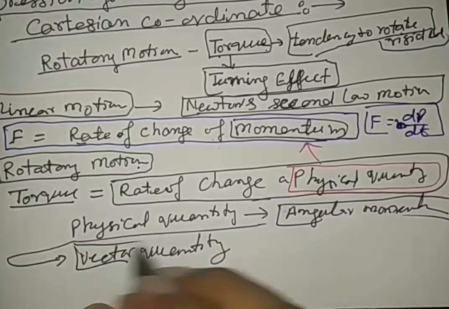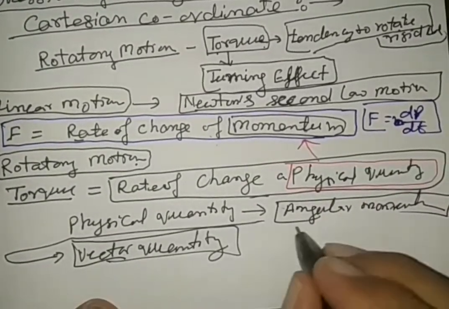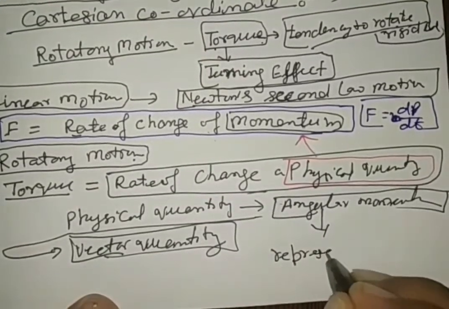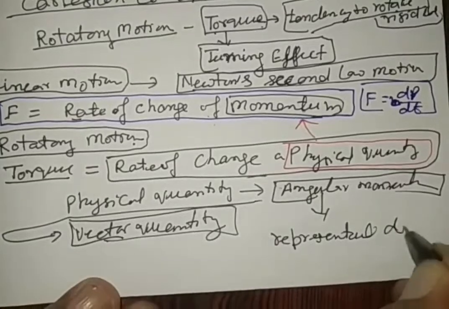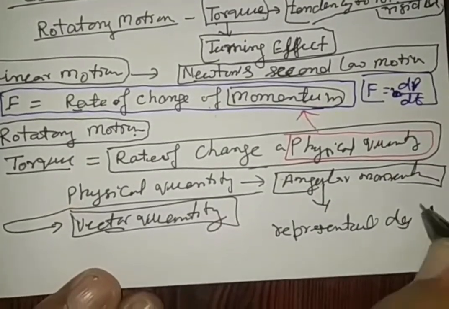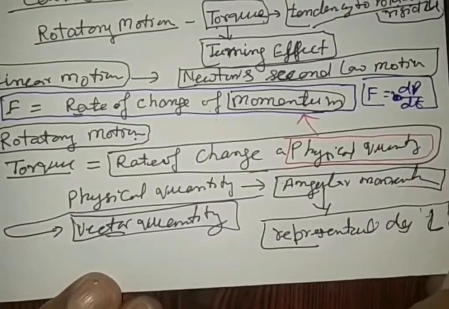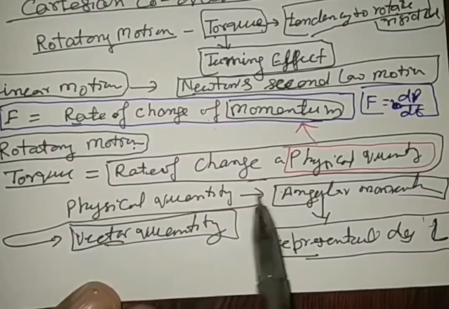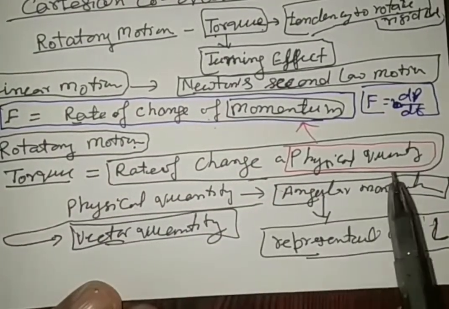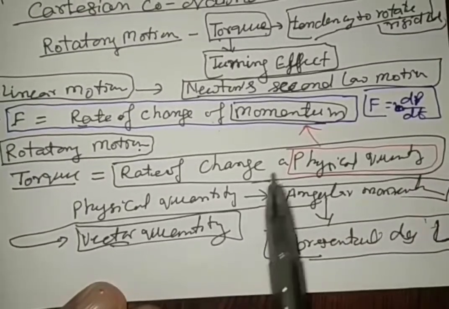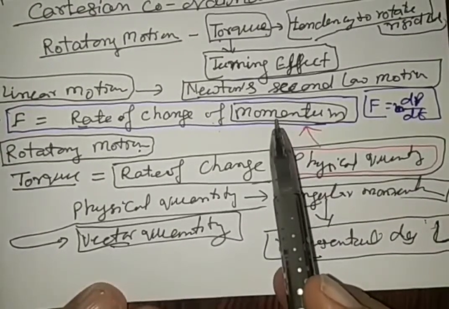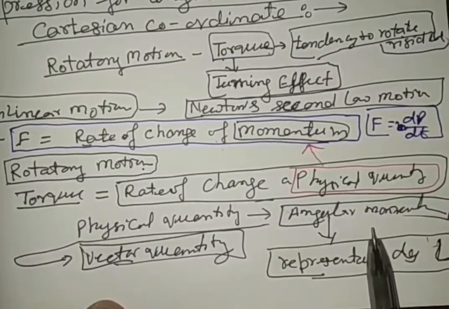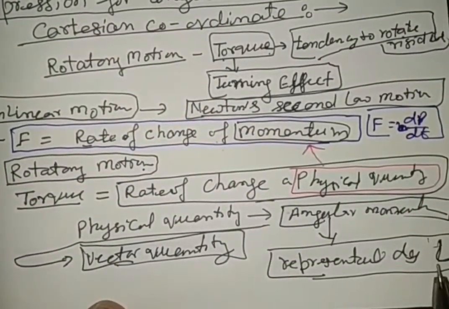And one more thing, keep in mind, angular momentum is represented as capital L. Torque is the rate of change of angular momentum, just as in linear motion force is the rate of change of momentum. So in place of momentum, angular momentum is used and represented by L.